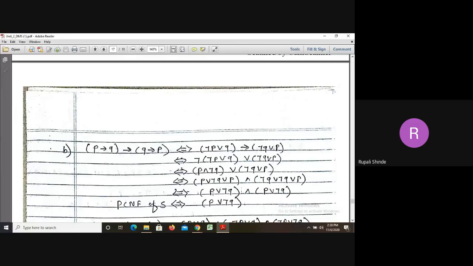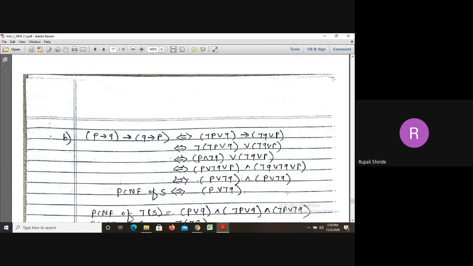So we can write this one as P or negation Q. And P or negation Q. So again negation Q, here it is twice, so we can consider it as one. P or negation Q. So this is the PCNF for this given formula.